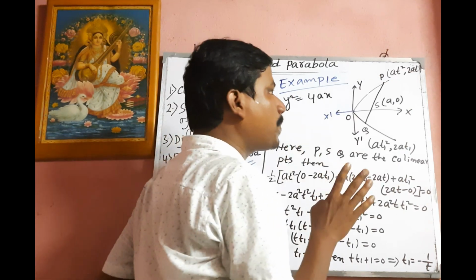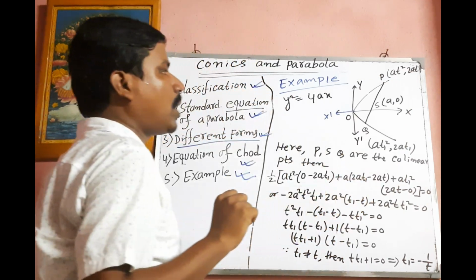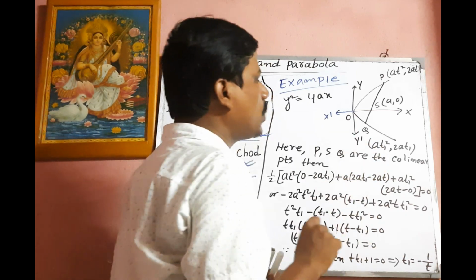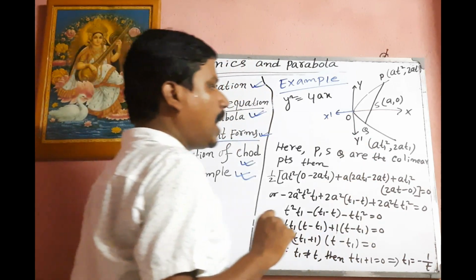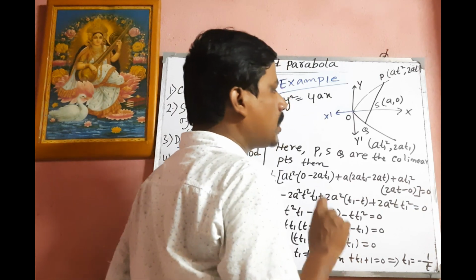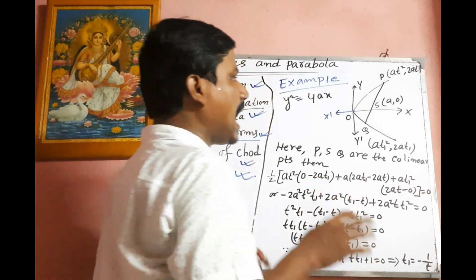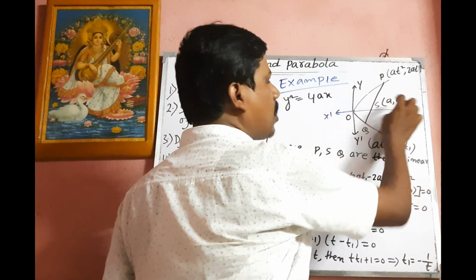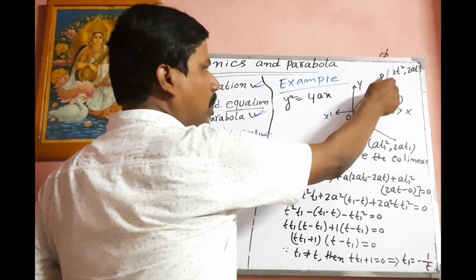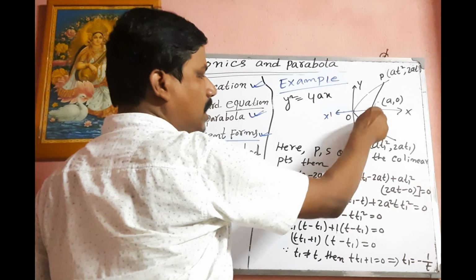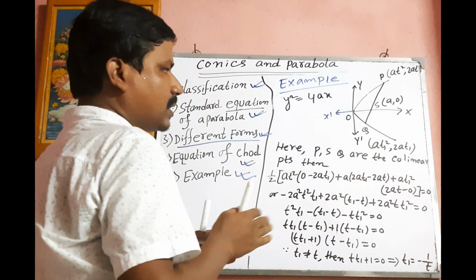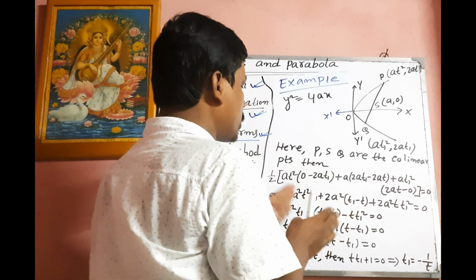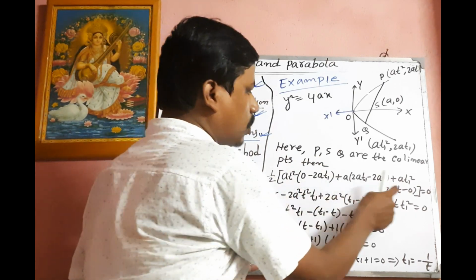The coordinate of P is a t square comma 2at, the coordinate of Q is a t1 square comma 2a t1, and the coordinate of S is a comma 0. So the coordinates of P, S, and Q are given. Here these 3 points are collinear, so this is 0.